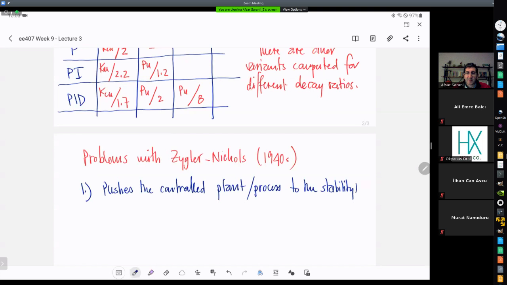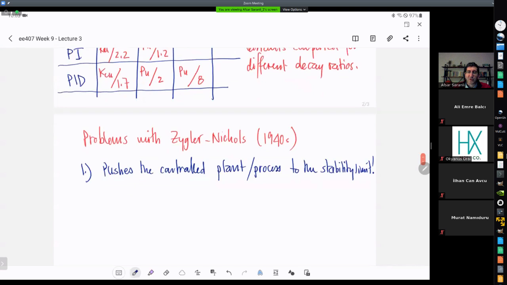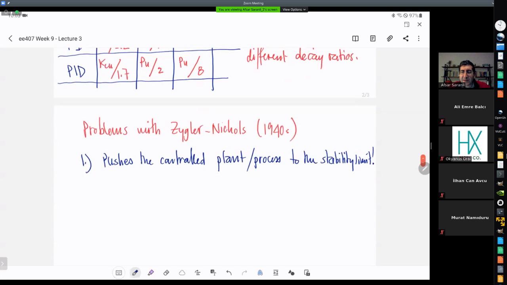Okay, there are certain obvious dangers with that, depending on what kind of system you have. Think about having a nuclear reactor. You wouldn't want to use the Ziegler-Nichols method to tune the controller for a nuclear reactor, I guess. Okay, because you wouldn't want to wander around the stability boundary of that kind of a process.